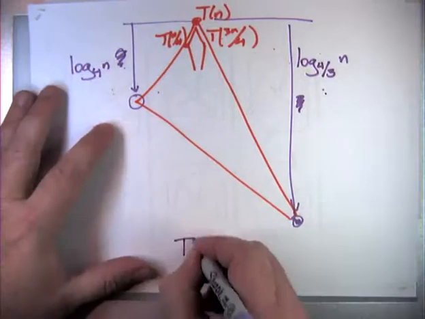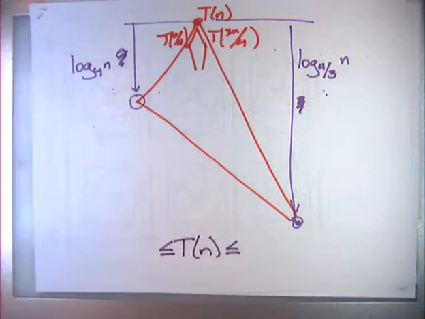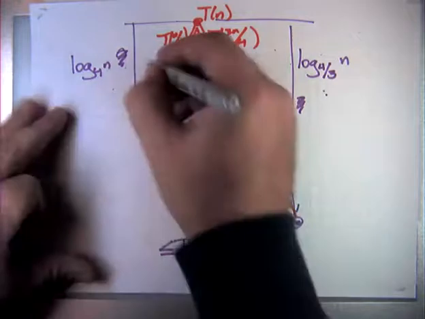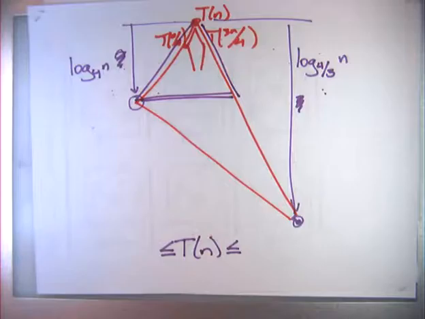That means that if I want to bound T of n, I have an easy upper bound and an easy lower bound. So if I want a lower bound, I could just say, okay, let's look at this part of the tree. Cut the tree off at the shallowest leaf and just pretend that's the entire tree.